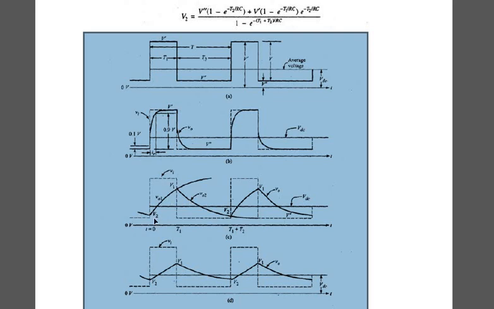Here they are exponential, rising and falling, when your RC equals T. Here the output consists of exponential sections which are essentially linear. You will be getting the linear conditions.